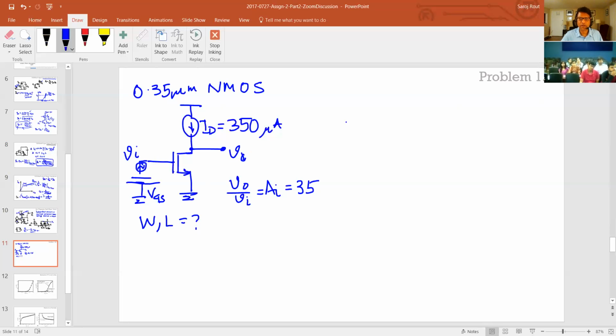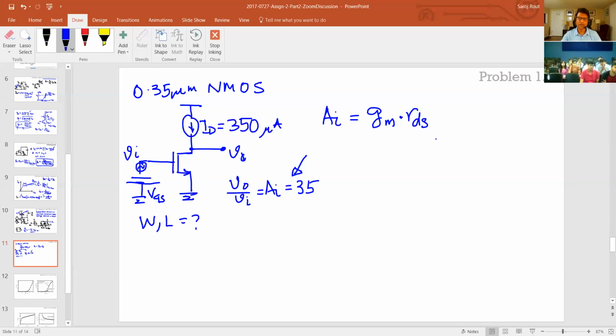Okay, since a certain gain needs to be achieved, the first thing you do is write the expression for the self gain, which we showed from the last small signal: small gm times RDS.